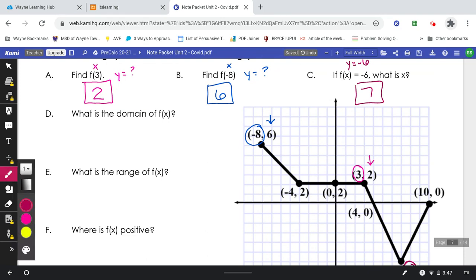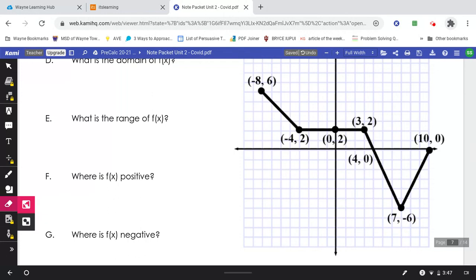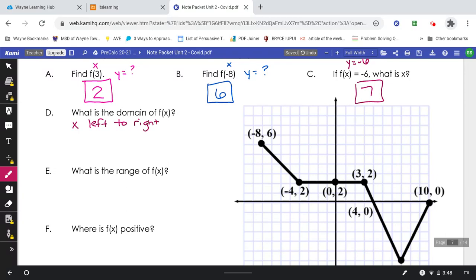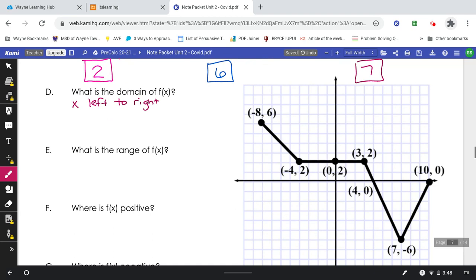The next part talks about domain and range. I'll clear this space. All right. So for the domain is your x's, left to right. So when I look at my x's, left to right, the smallest one I see is -8.